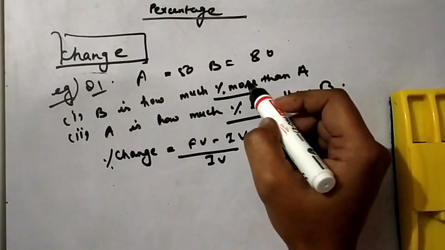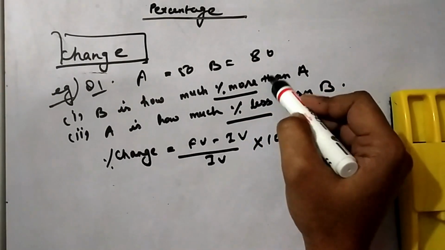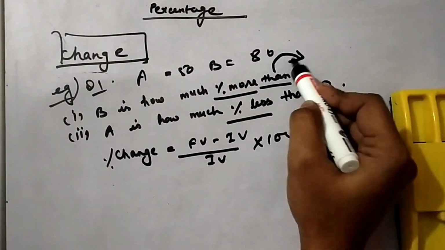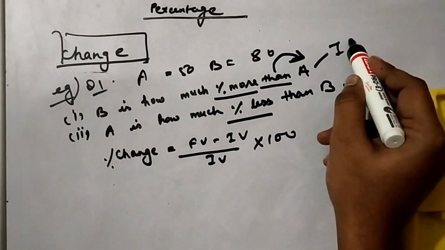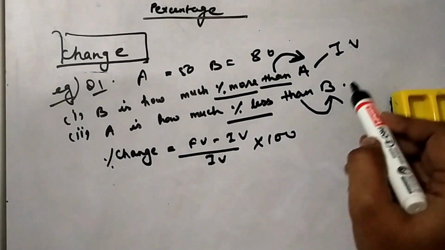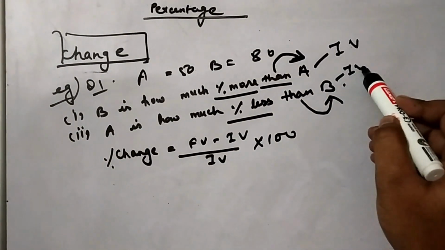Whatever comes after "than", that value will become the initial value. Whatever value is after "than", it will become the initial value.